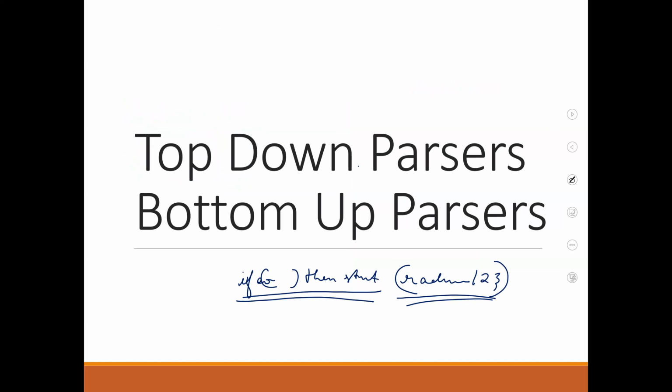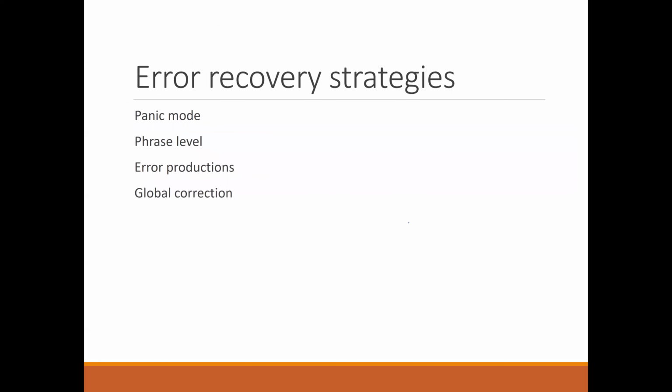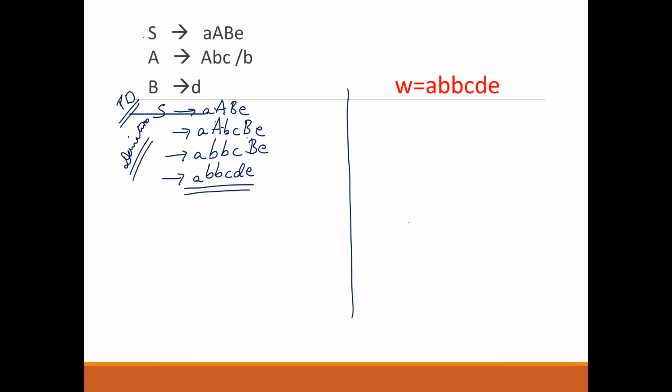We did also see that, in the role of a parser, you will be generating something called a parse tree. The parser's output will be the parse tree, which means you will have to generate a parse tree for this particular derivation.